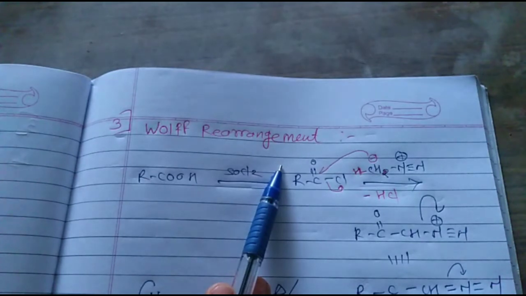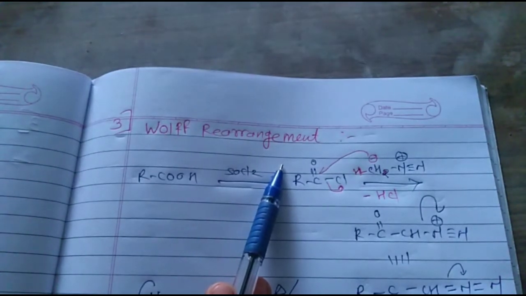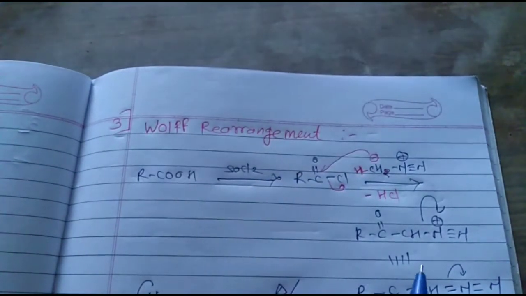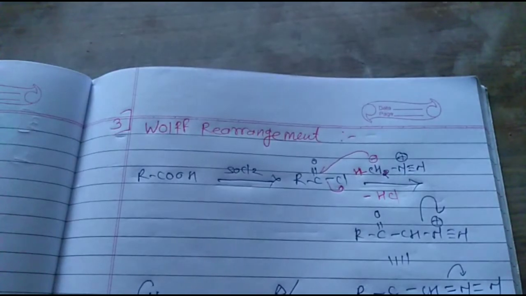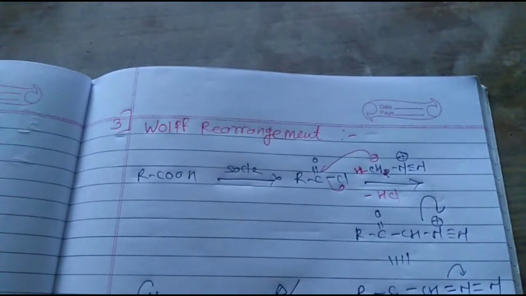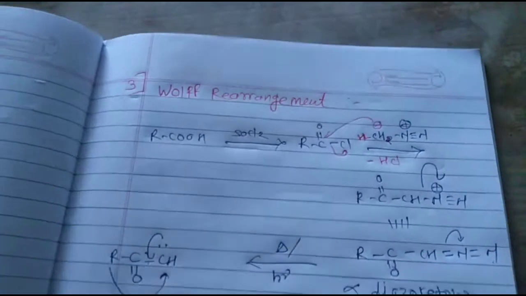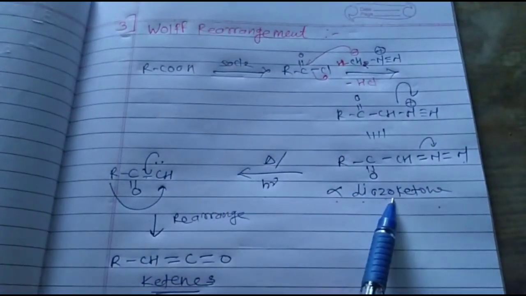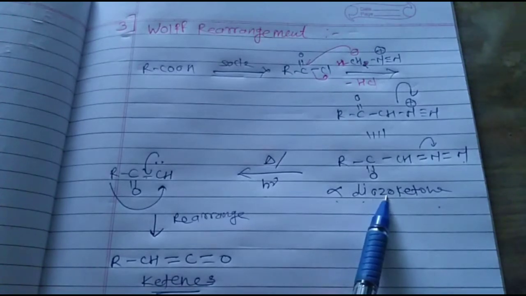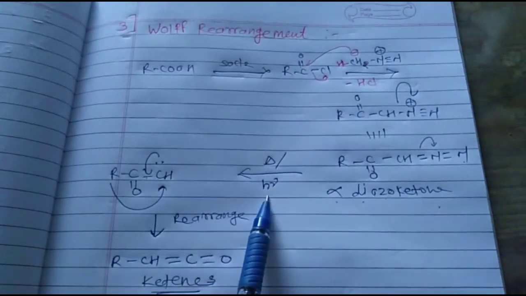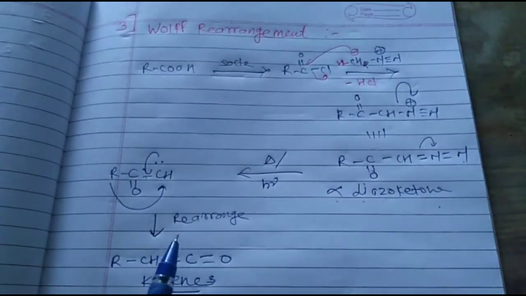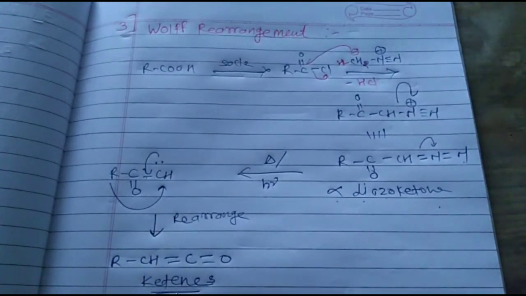Here the diazoketones are sensitive to both heat and light. That's why when alpha diazoketone is decomposed thermally or photolytically, it usually rearranges to a ketene, and this reaction is known as the Wolff rearrangement reaction.